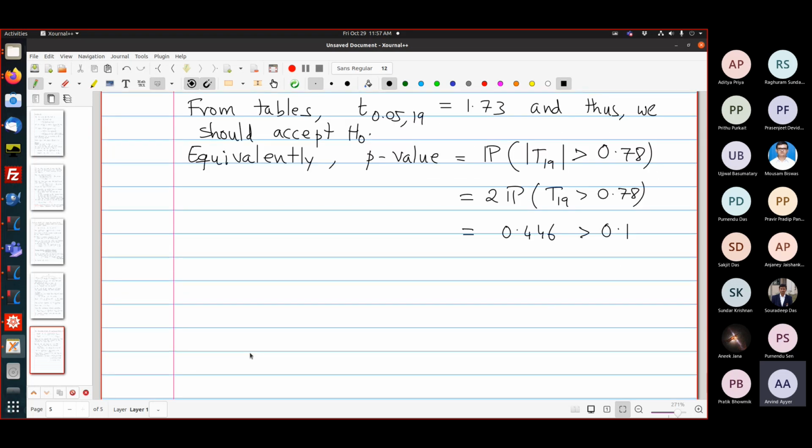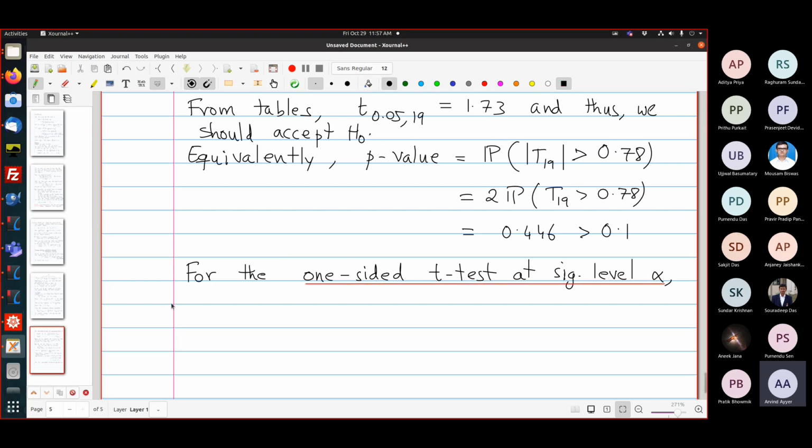And let me just talk about the one-sided test. For the one-sided test, we test at significance level alpha. I'll just write it in one direction.